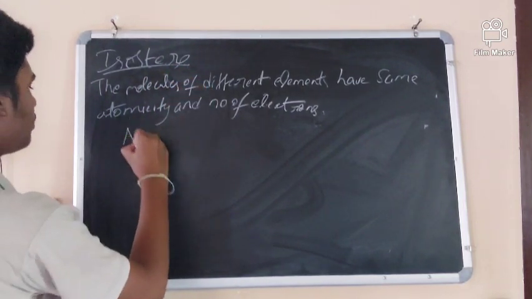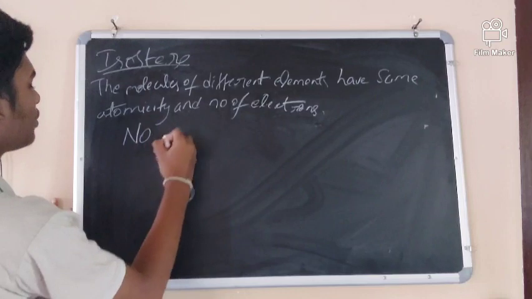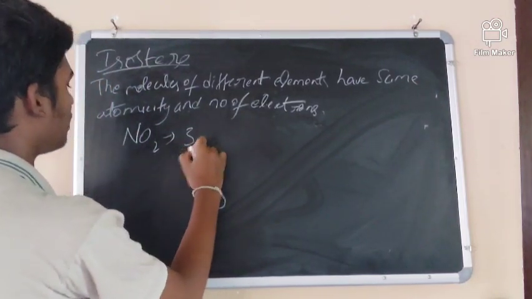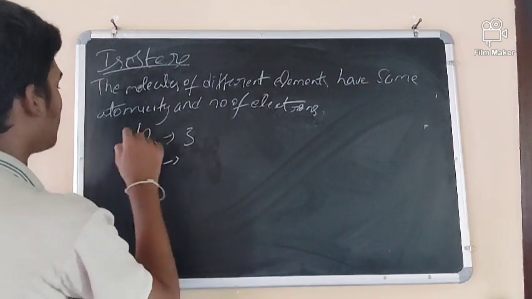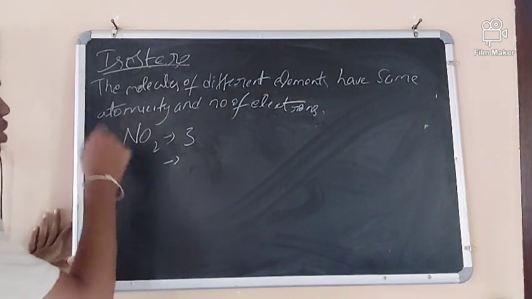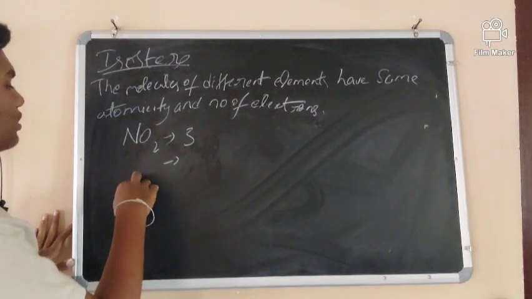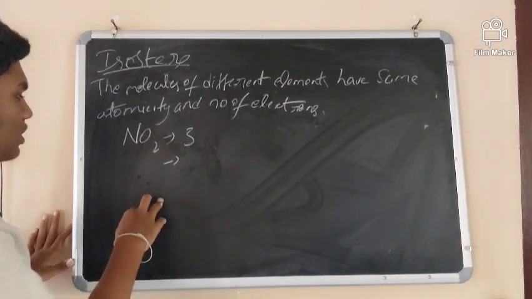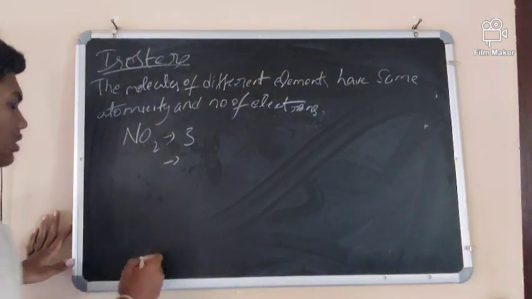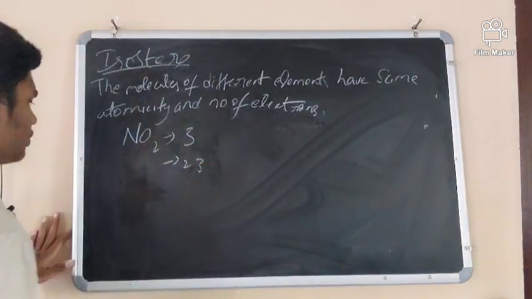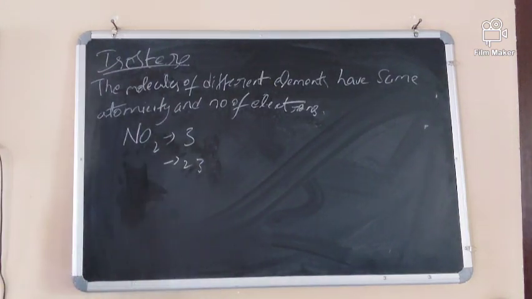When we take NO2 molecule, the atomicity is 3. Number of electrons: nitrogen having 7 electrons and O2 having 8 into 2, 16, and 16 plus 7, 23 electrons. So NO2 molecule has atomicity 3.